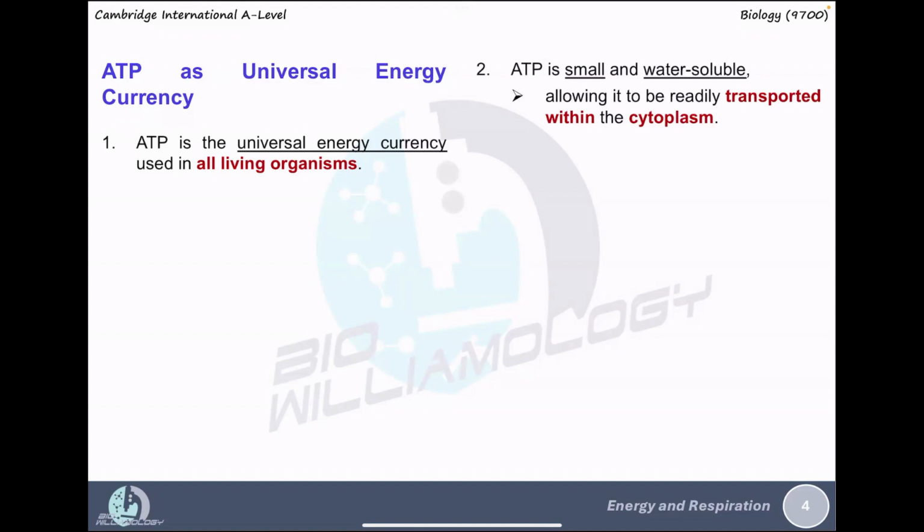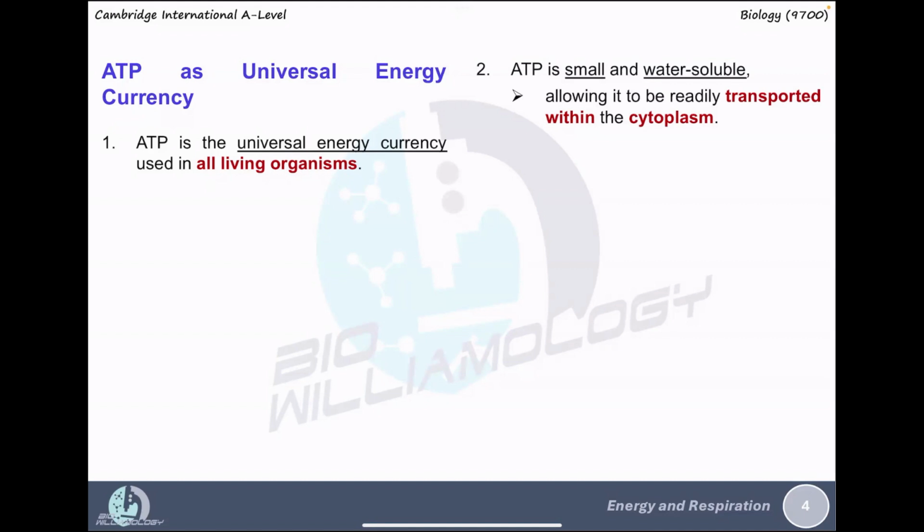In terms of structure, ATP is very small compared to macromolecules such as polysaccharides, proteins and polynucleotides. And most importantly, it is water soluble. Being small and water soluble allows it to be readily transported within the cytoplasm, from one part of the cytoplasm to another part within the cells.